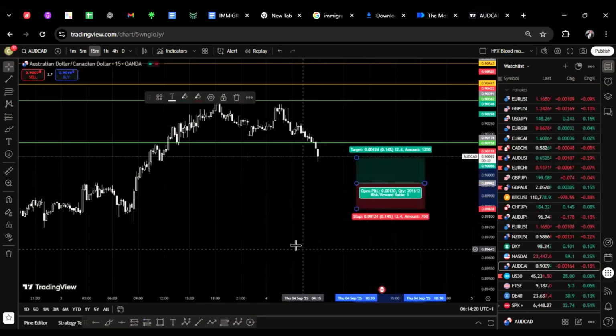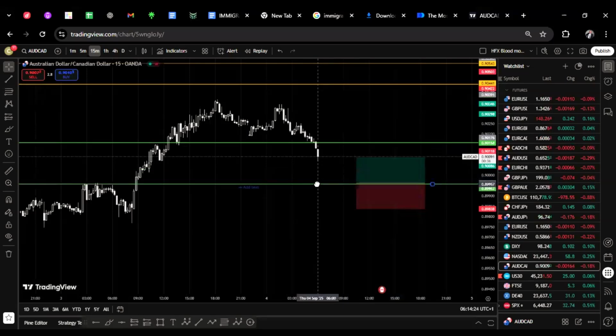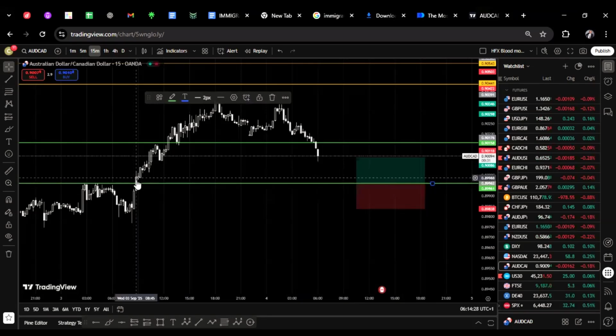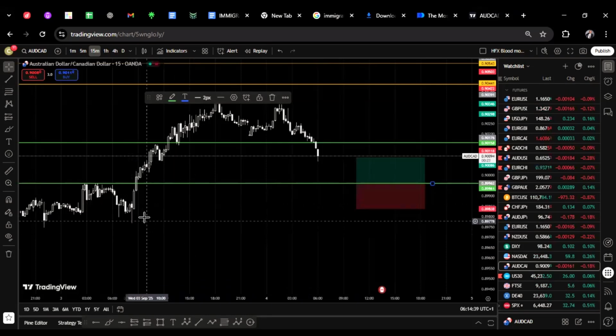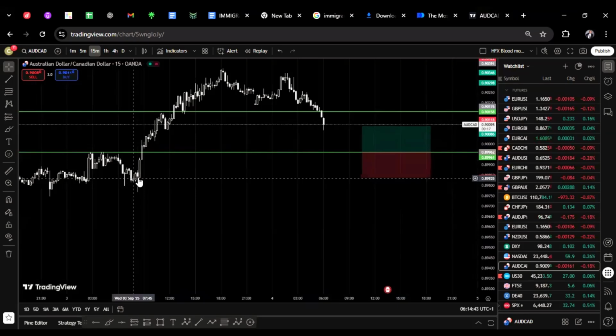I chose this point because let's say I did my analysis and I'm like, okay, 50% of this candle, I want the market to get to 50% of this candle, then I go in for my buy, right? So I've done that, and just to be on the safer side, I want my SL to be a little bit lower than this area.